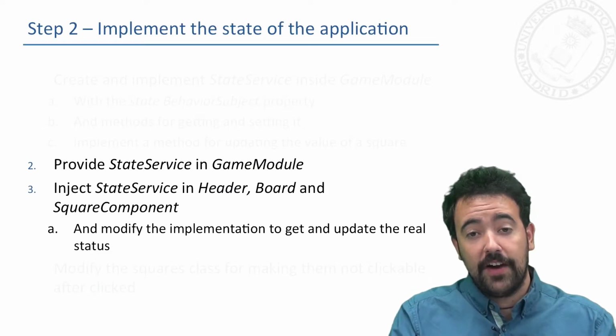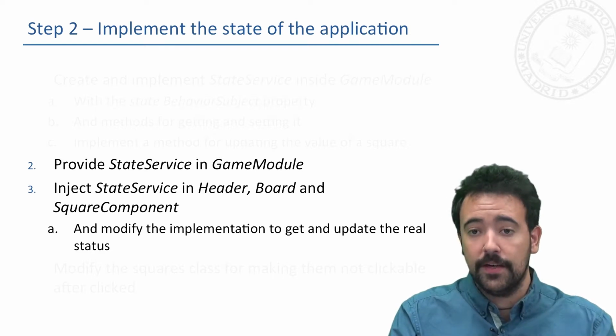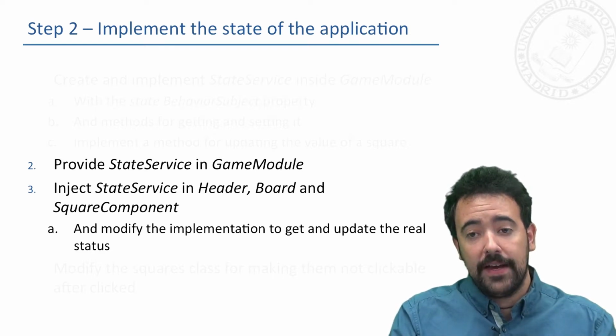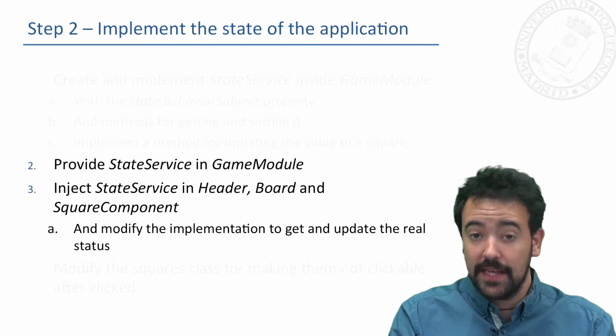Now I'm going to provide the state service in the game module for making it available in components to be injectable, and I'm going to modify the code of header, board and square components in order to get and to update the real status of the application.